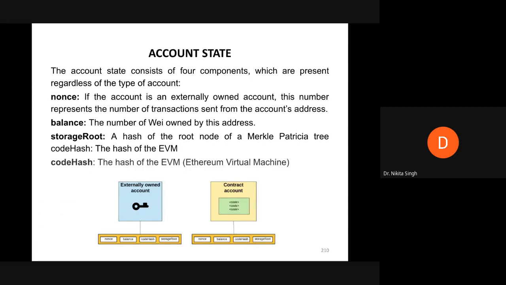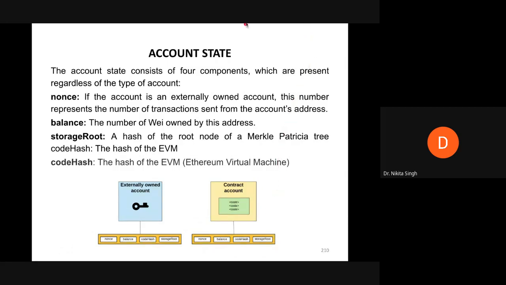All right. So the Ethereum Merkle tree is known as the Merkle Patricia tree. All right. So if you look here, the externally owned account has a storage root. The contract account also has a storage root present with it. All right.